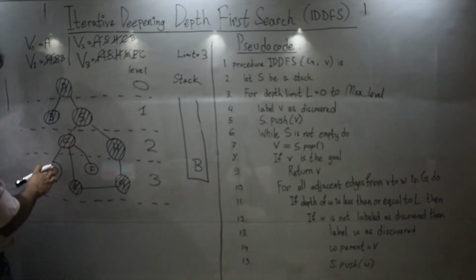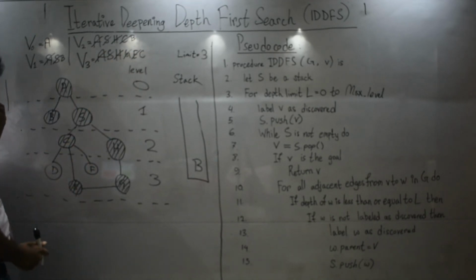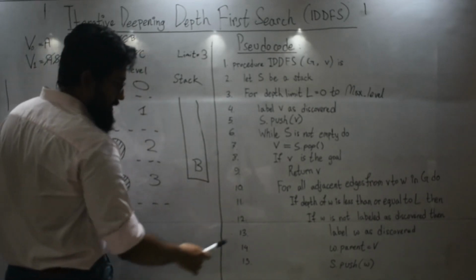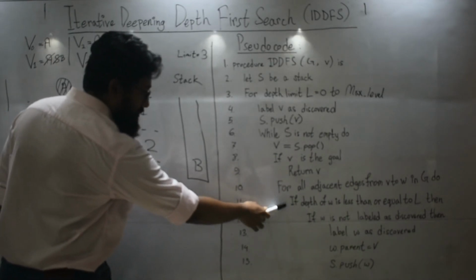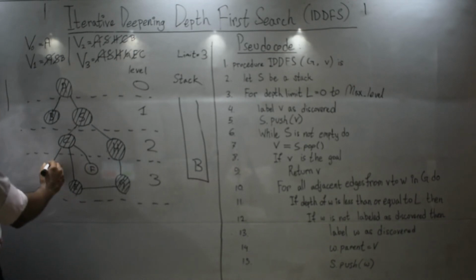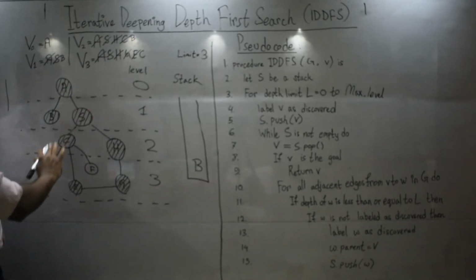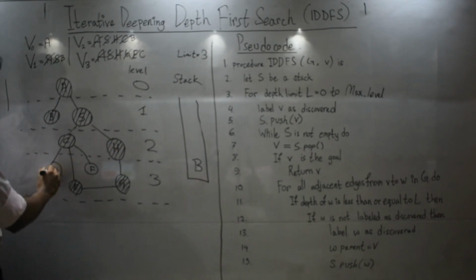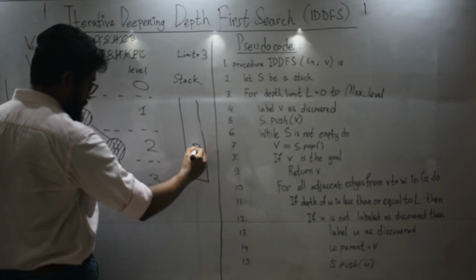Okay. Now the neighbors of C are D and F. Are they within my limit? Yes. Have they been visited? No. Okay, so let's check for D. It's within my limit. It has not been visited. So let's visit and push.